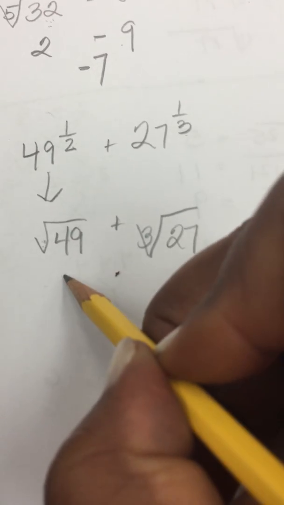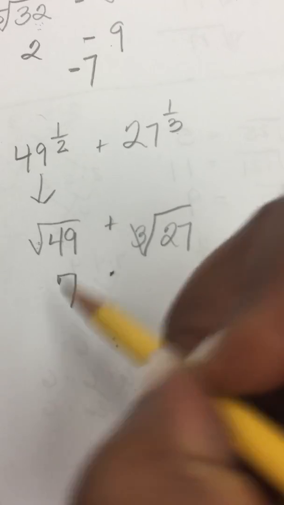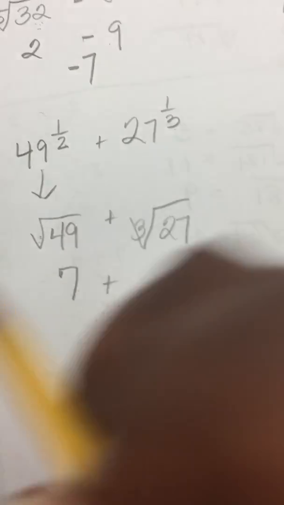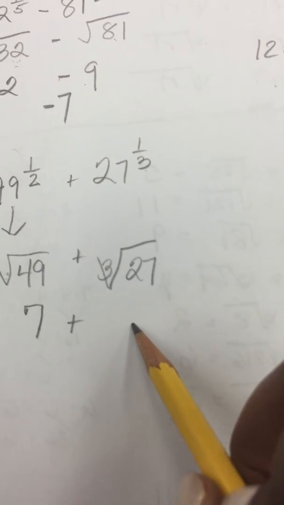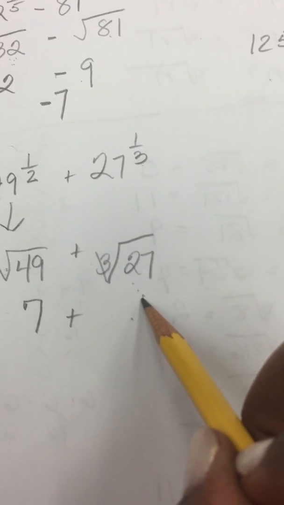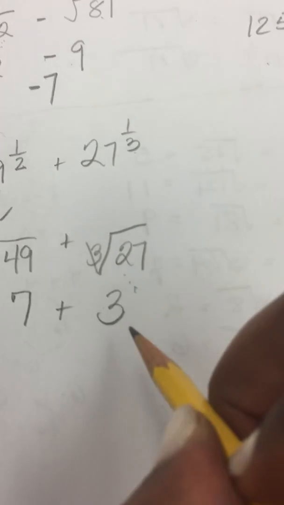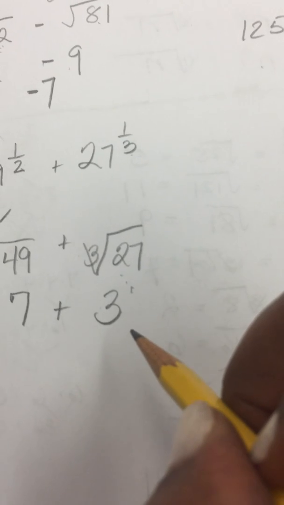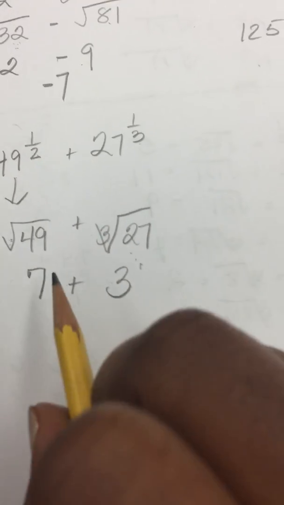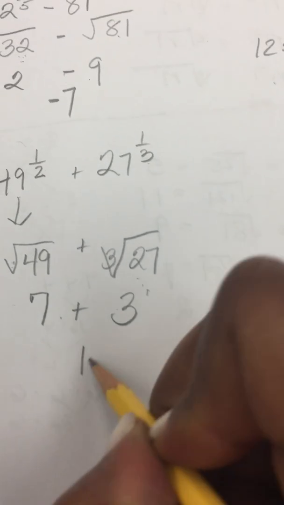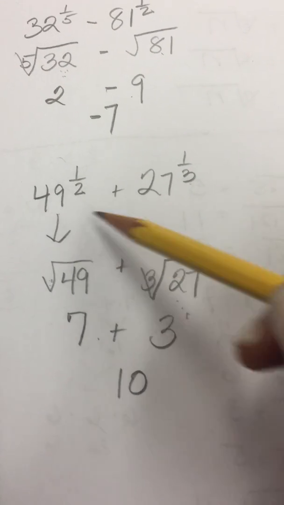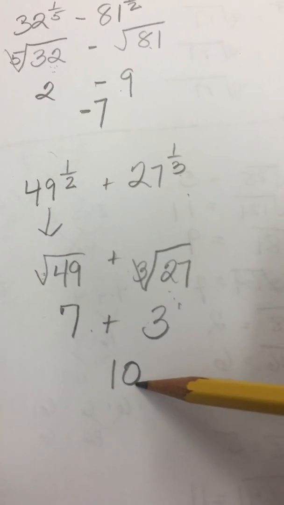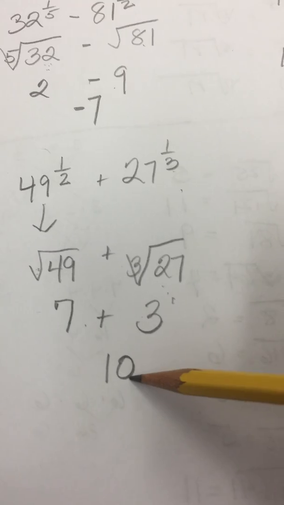Well, we know that the square root of 49 is 7, plus we're looking for a number, multiplied 3 times, that'll give us 27. Well, that's 3, because 3 times 3 is 9, and 9 times 3 is 27. And then 7 plus 3 is 10. So the answer to our initial problem is 10. Wonderful.